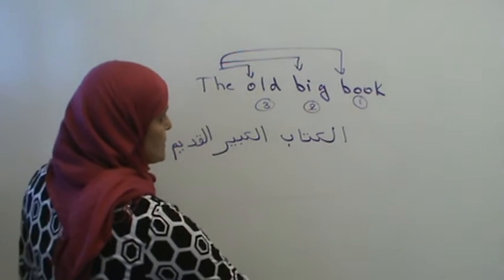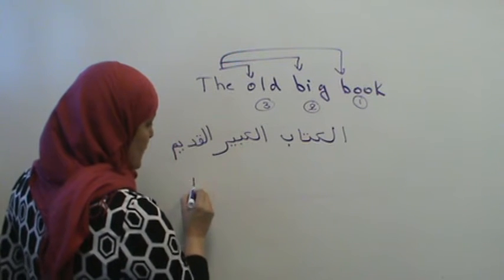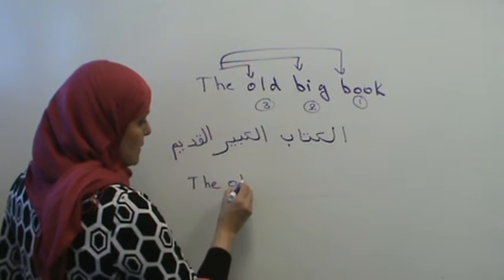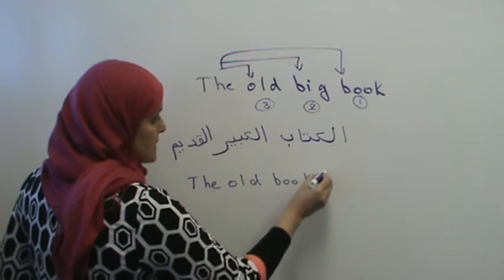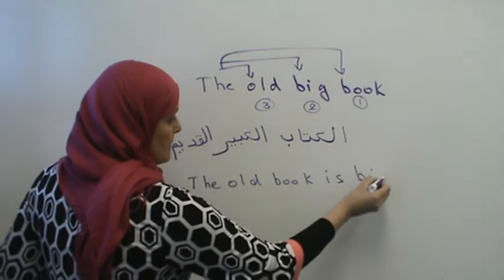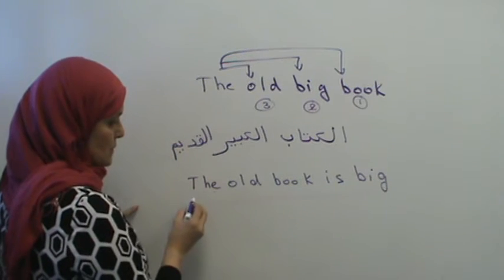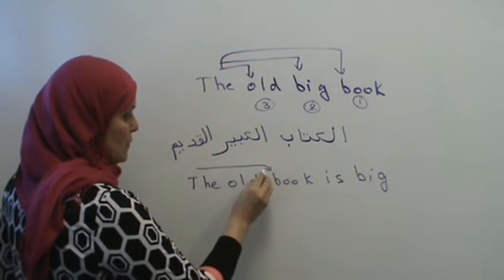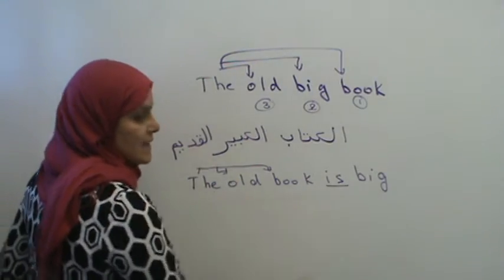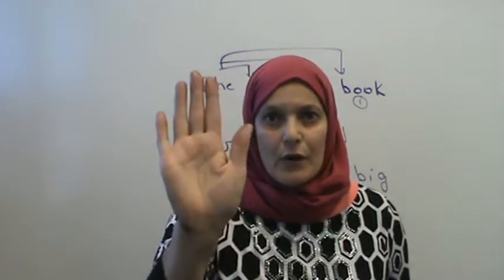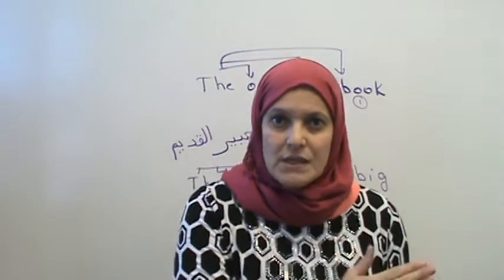Now I want to say the old book is big. So the gonna go to both, but for the is, like this in a stop sign, there is no L. Don't continue.